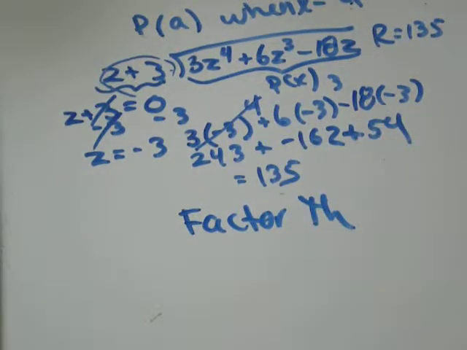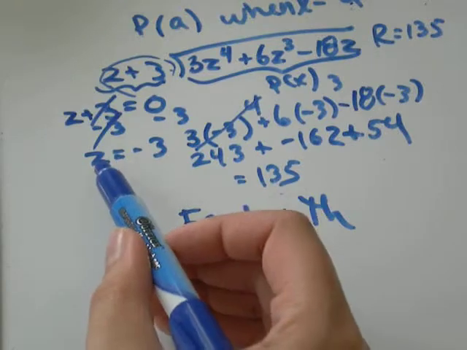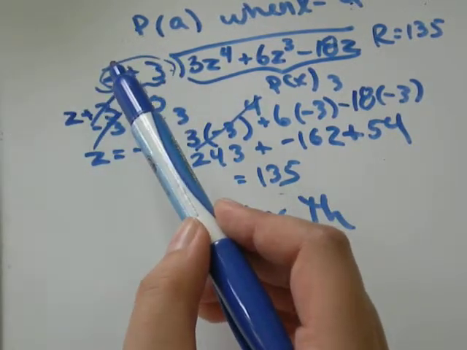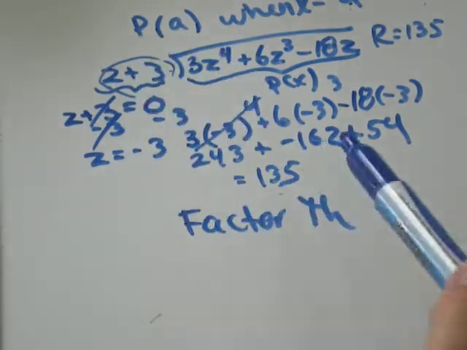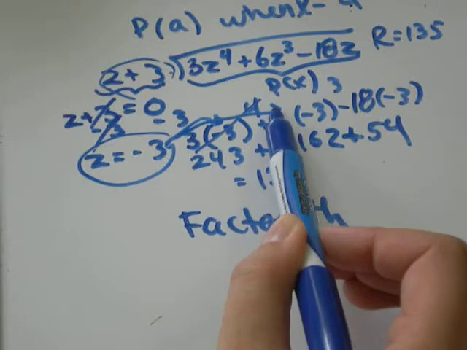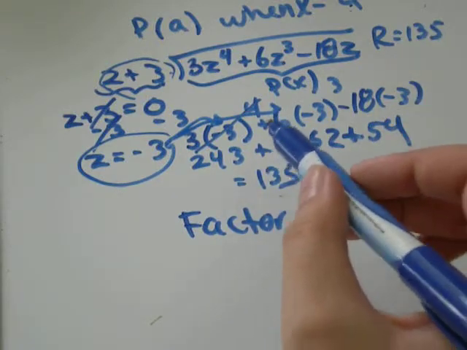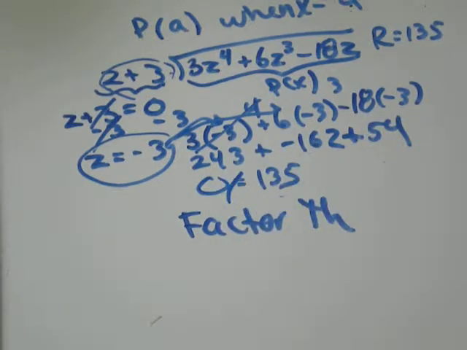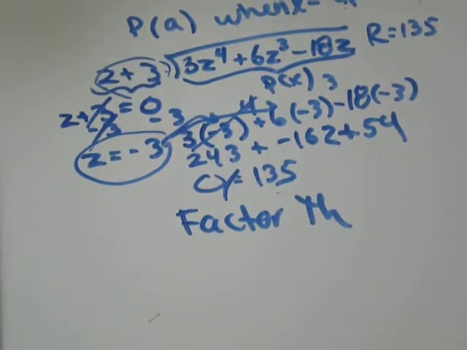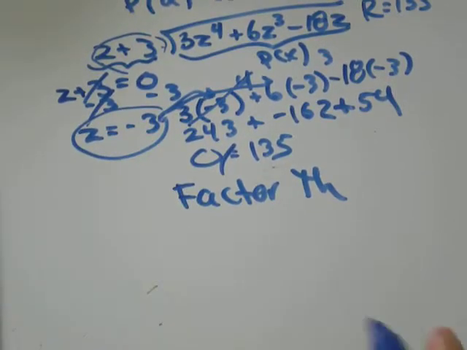The factor theorem says that when we let our variable be equal to the number that it was when it was dividing, and we plug in that number everywhere we have the variable, we should get 0. And 0 does not equal 135, so we know z plus 3 isn't a factor. So let's do another example.